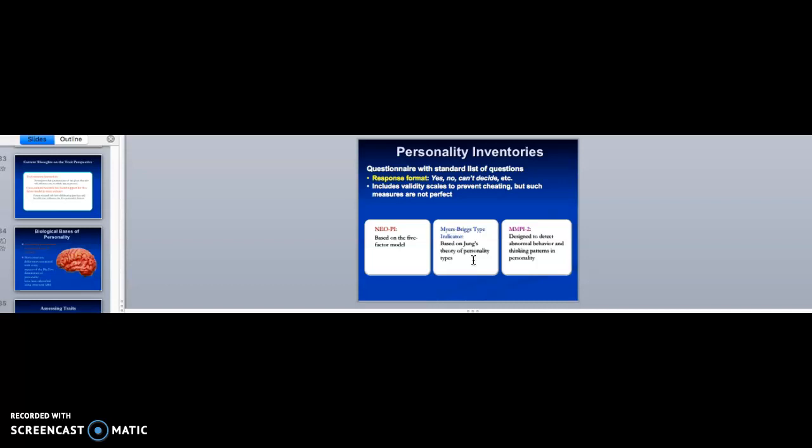The MMPI is a very long version of a personality inventory. It's got over 600 items, and it's often used in employment settings like the FBI and different law enforcement agencies, military, and it's very comprehensive.